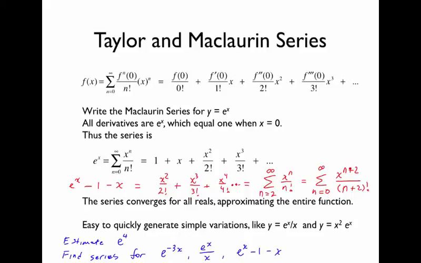You get x squared over 2 factorial, and that's our first term. When n equals 1, you get x cubed over 3 factorial, there it is. So when you do a shift of index, all you have to do is check it. Figure out what the terms are. Do they match the ones you had originally? And they do. So this right here is the function e to the x minus 1 minus x as a series.